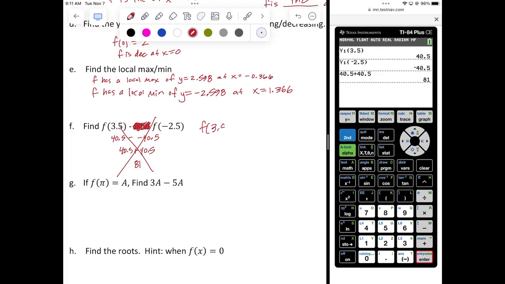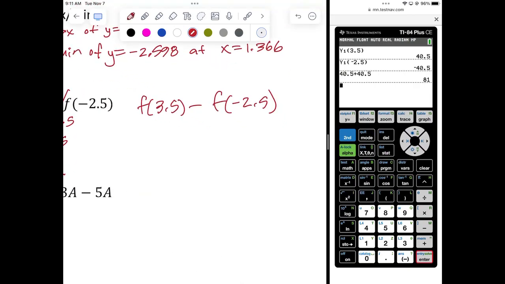F of 3.5 minus f of negative 2.5. I want you to add it like that directly on the home screen. So we'll go alpha trace number 1 of 3.5, close parentheses. And here's why we do it from the home screen and not from the graphing screen. I can now do algebra. I can say minus, and I can just do the next one, alpha trace of negative 2.5.